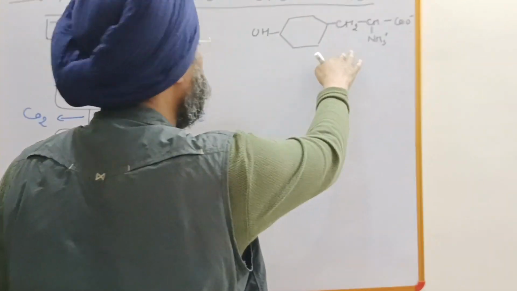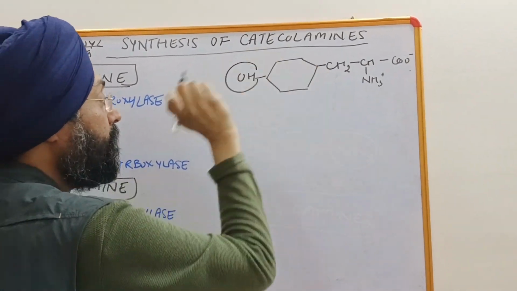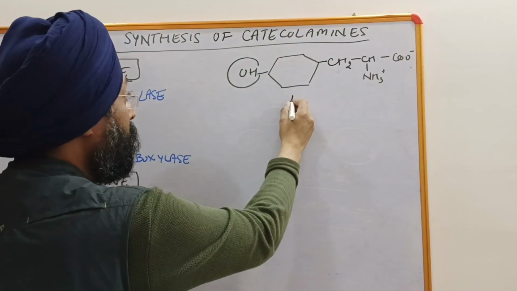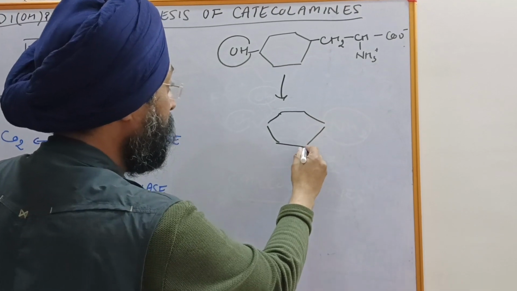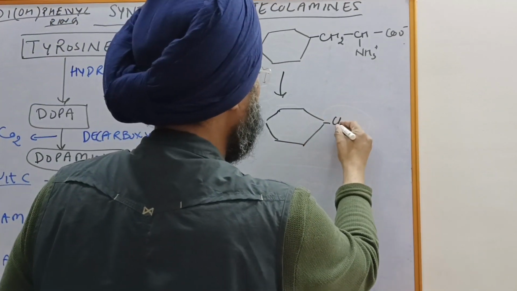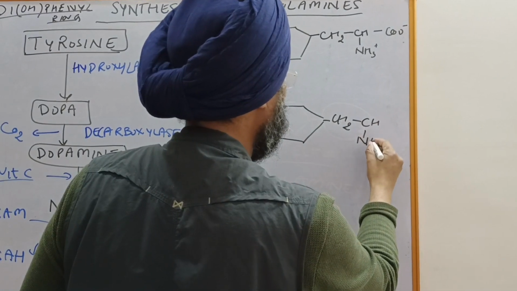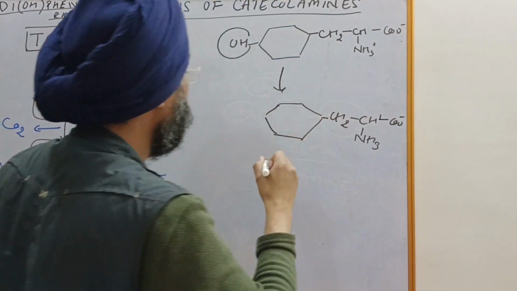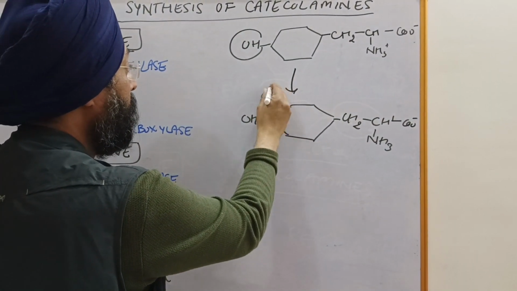So this is our first product, that is tyrosine, parahydroxyphenylalanine, right? Now the first reaction is a hydroxylation reaction, right? So this is the phenyl ring, this is alanine. So monohydroxy and now dihydroxy, right?